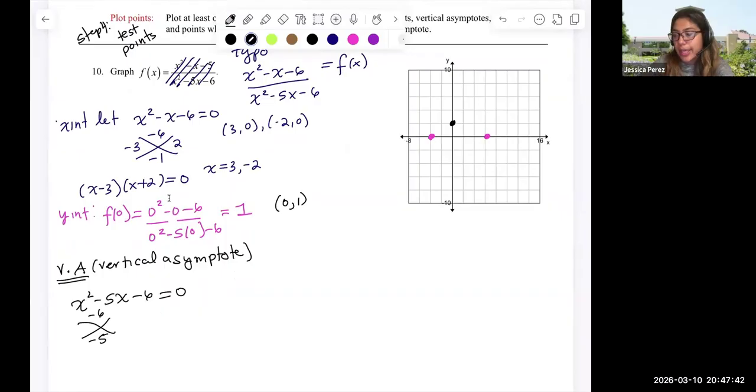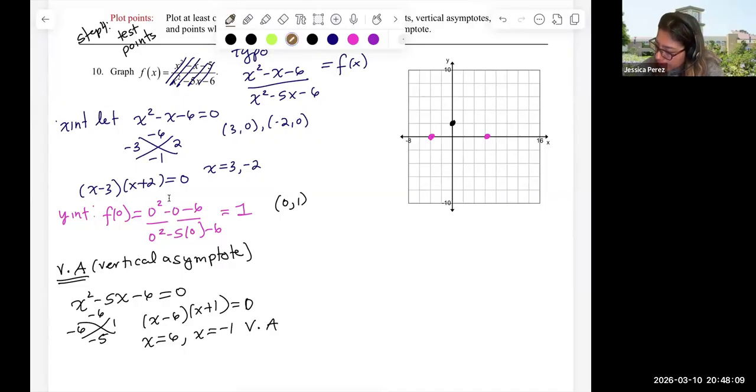Two numbers that multiply and give you negative 6, but add to negative 5. That is negative 6 and 1. So you factor x minus 6, x plus 1. And that gives you 0. I get x equals 6 and x equal negative 1 to be my vertical asymptotes.